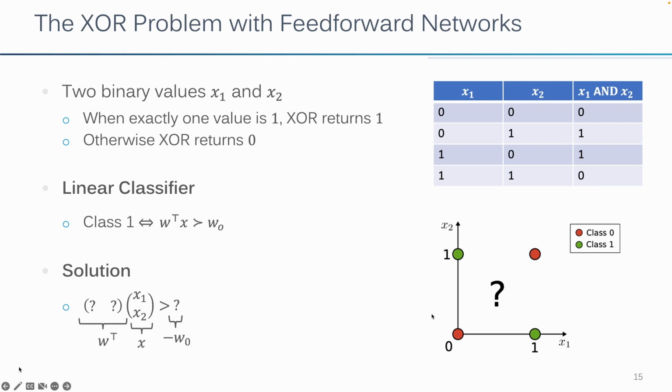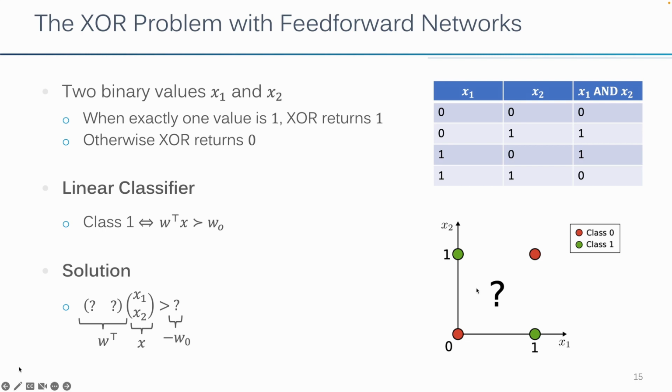If you try to fit any line here in any way, you won't be able to find one that satisfies this condition. What you could do is probably learn some nonlinear function. You could try to go all the way down here and then all the way down here, or first get this one right, and then get this one right.